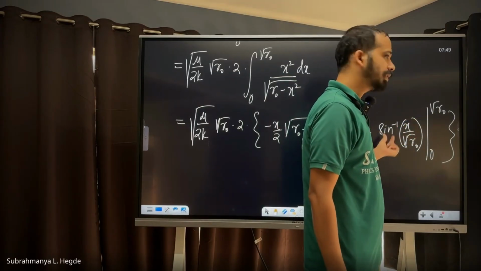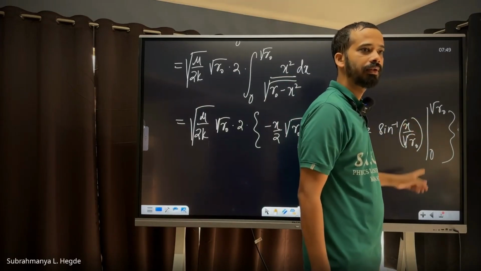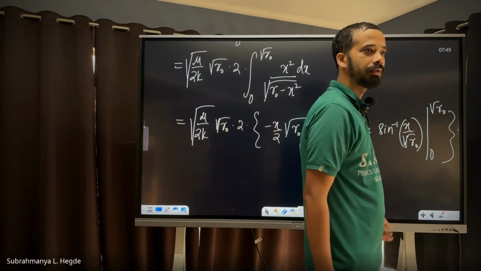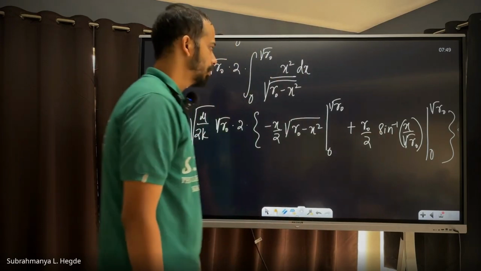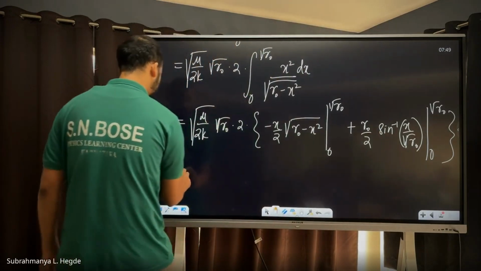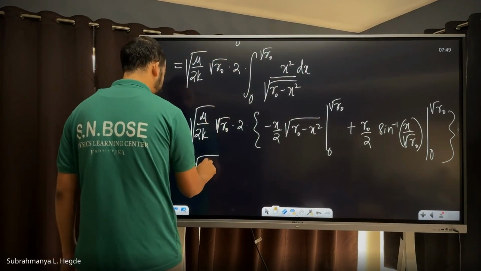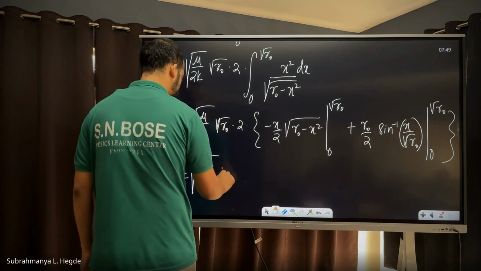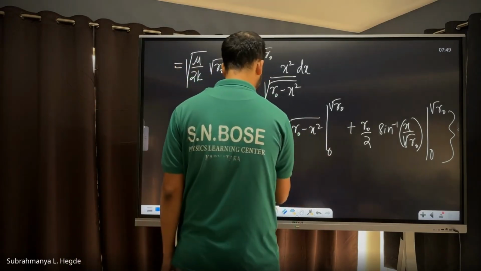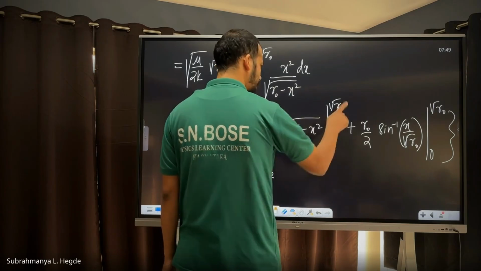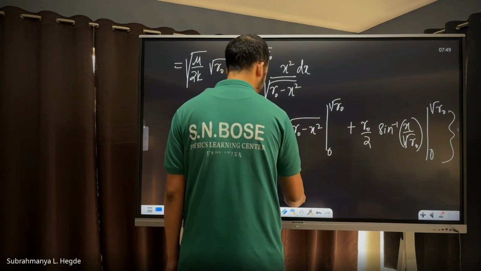In the upper limit, sine inverse of 1. Sine of pi by 2 is 1, so sine inverse of 1 is pi by 2. So it is root of mu by 2k root r naught into 2, into r naught by 2, upper limit only, into pi by 2.